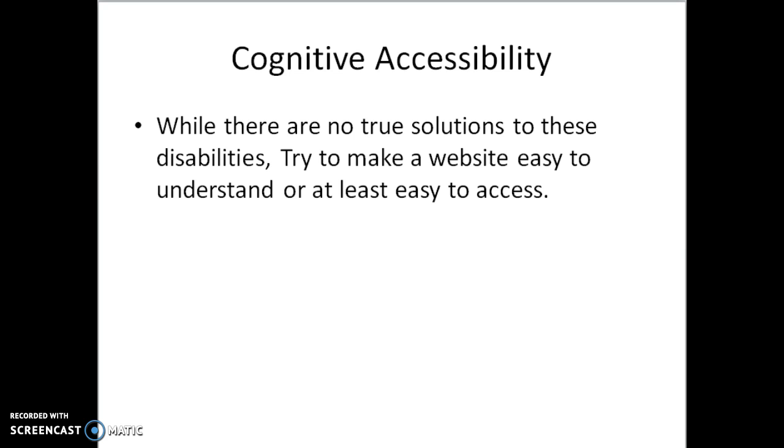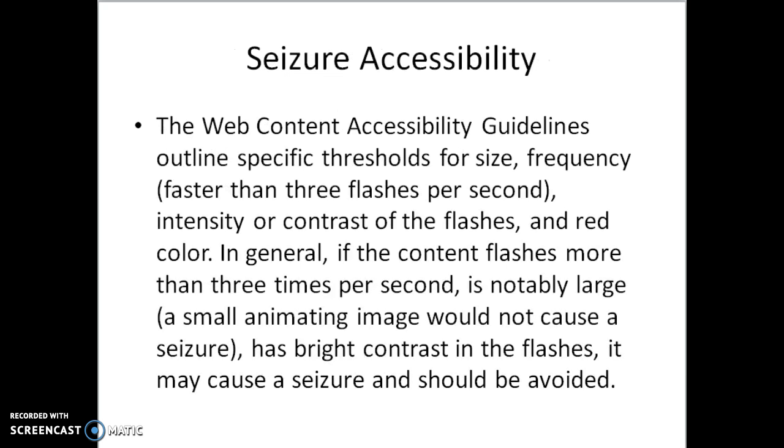There's no clear-cut solution to this unless they have something from the other disabilities, in which case just use that, especially the motor accessibilities. There are a lot of options to help with that.